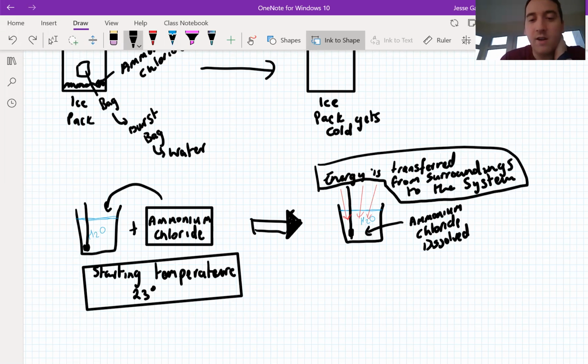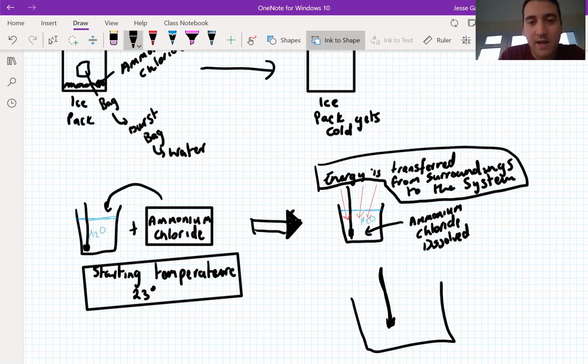Why does the temperature go down in the thermometer? Well, the thermometer is also surroundings. It's sitting in this reacting mixture, our water and our reacting mixture. As well as energy coming from the air around the container, heat energy is also drawn away from the thermometer, and that makes the thermometer get colder. That's why the temperature goes down. So the thermometer counts as part of the surroundings.